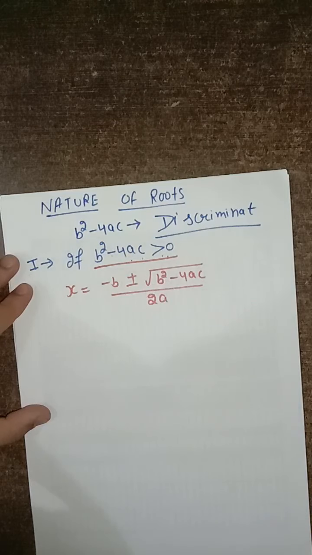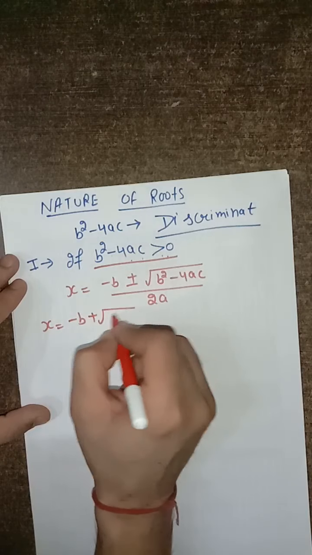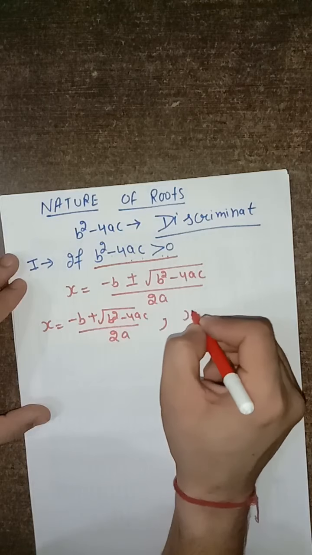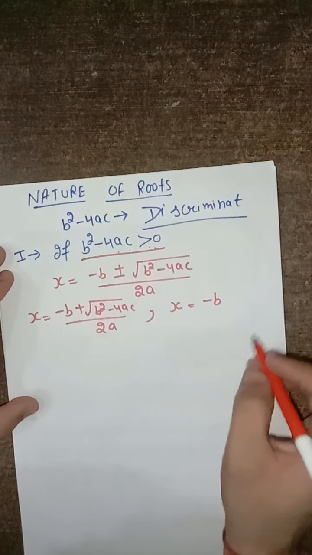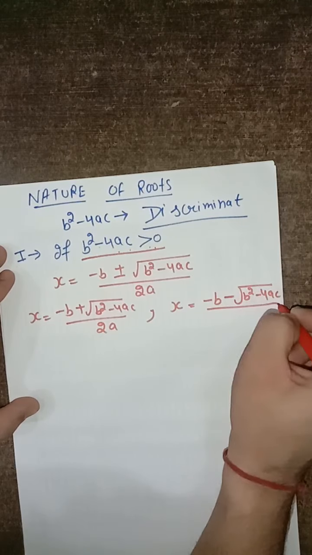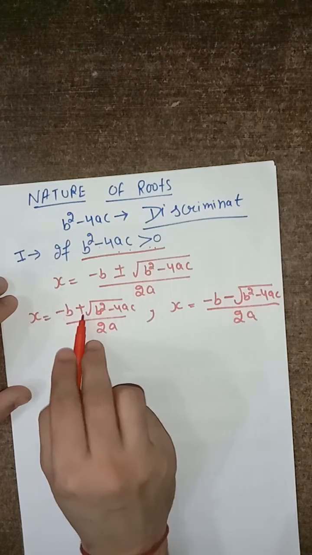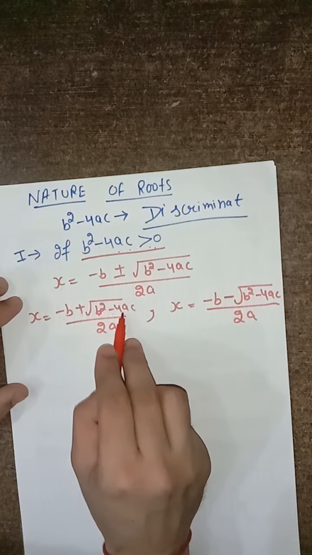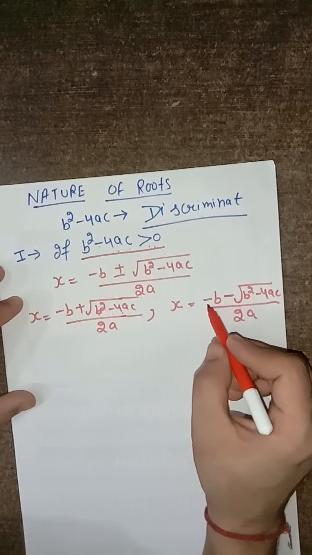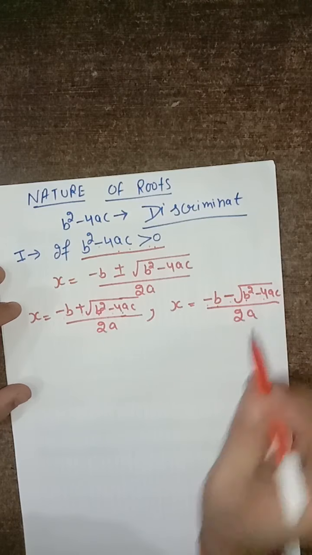First root will be x equals minus b plus square root of b square minus 4ac divided by 2a, and second root will be minus b minus square root of b square minus 4ac divided by 2a.